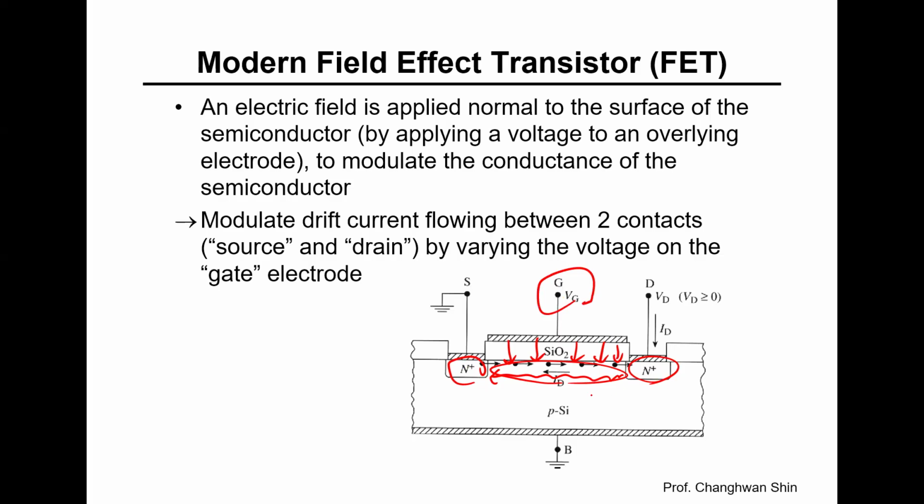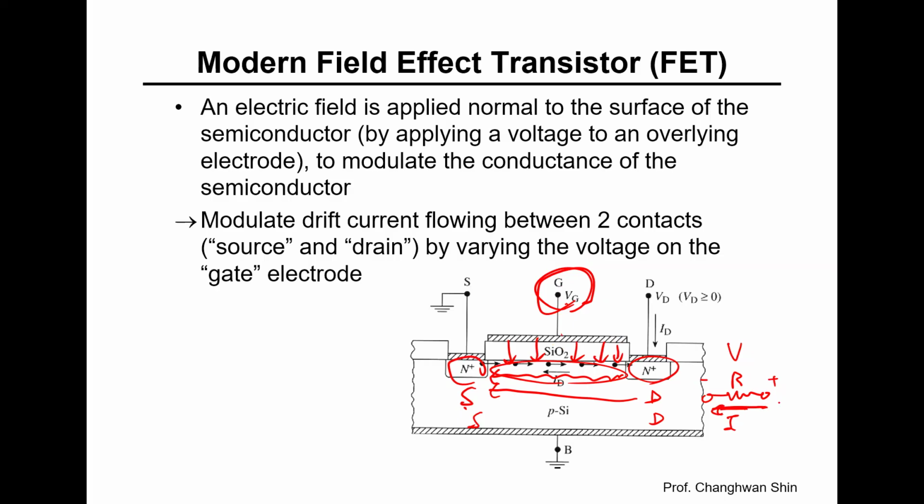So in order to flow a current from drain to source, you don't need to modulate the voltage difference between drain and source. You should modulate the third terminal, which is called the gate, to control what? To control the current flow from drain to source, right? If you imagine a resistor, in order to control the total amount of current throughout this resistor, you should modulate the voltage between two terminals.